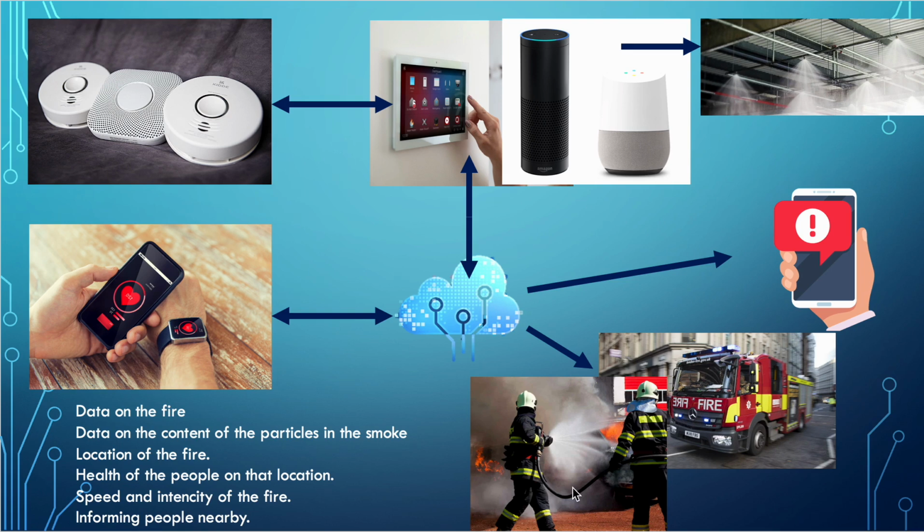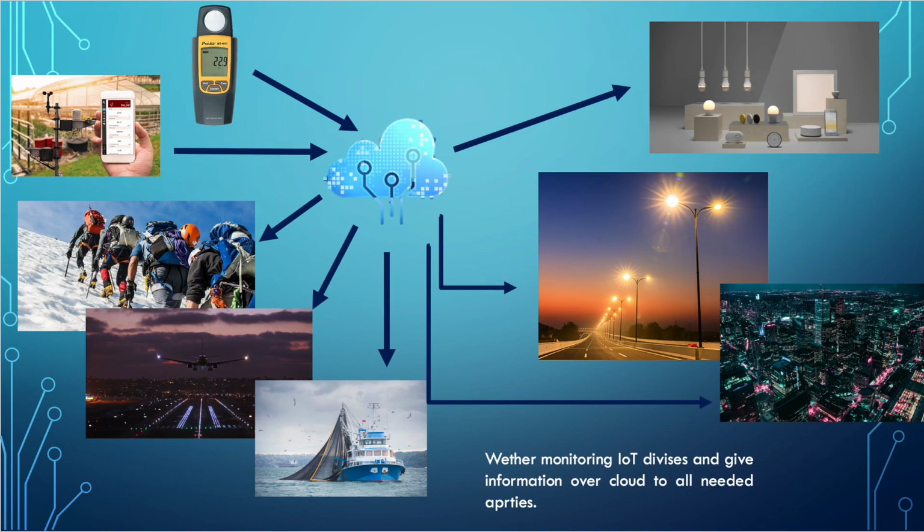That was an example of using IoT for a single situation. Let's look at an IoT application where the same IoT devices are used for multiple situations or multiple activities, right? So over here, we talked about gathering data from the environment. We talked about gathering wind speeds, temperatures, the humidity and everything else from the environment.